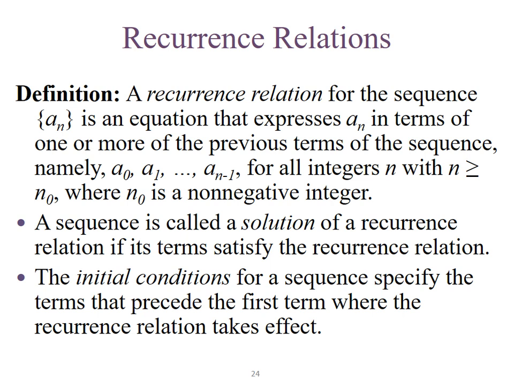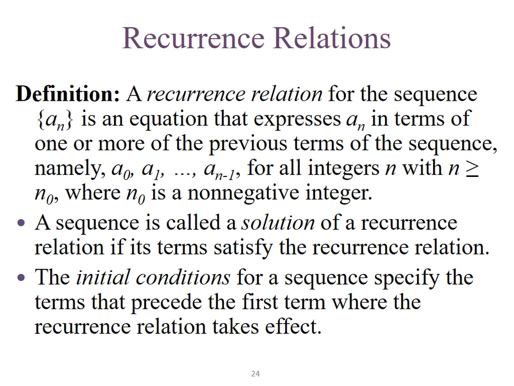For example, we have seen the Fibonacci number: f_n equals f_{n-1} plus f_{n-2}. So we use f_{n-1} plus f_{n-2} to express f_n. That is one example we have studied before as a recurrence relation.